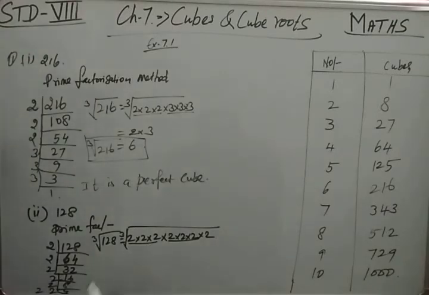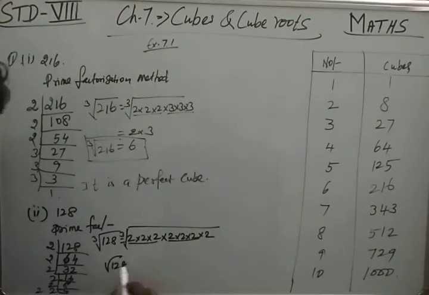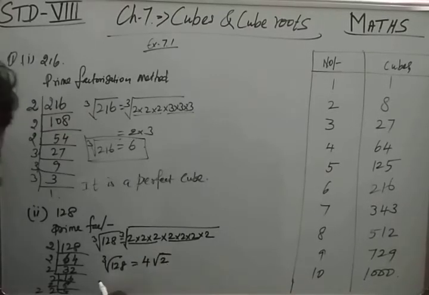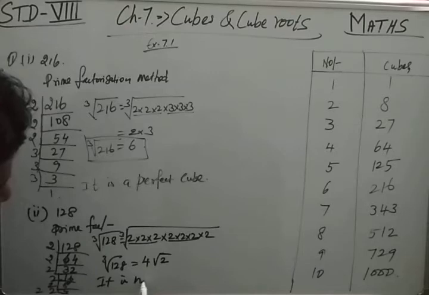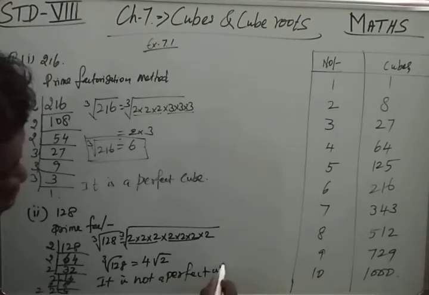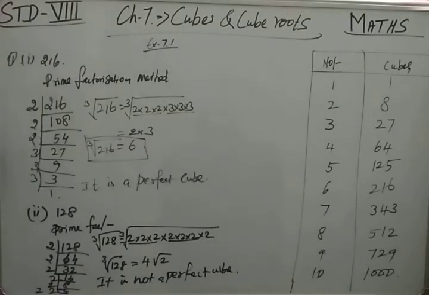So the cube root of 128 is 4 root 2. So it is not a perfect cube.